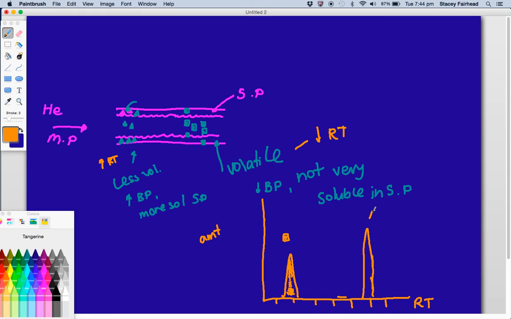And our triangle molecules are this peak here because they've spent more time in the coil and their retention time is more. If you've got a lot of area underneath this peak, then that tells you the substance is fairly concentrated. If you have a very small area like this, then that tells you the substance is not very concentrated.